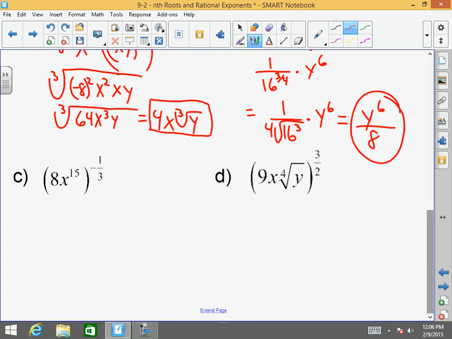8x to the 15th raised to the negative 1/3 power. Distribute this to everything here. It's just going to be 8 to the negative 1/3 times x to the 15th raised to the negative 1/3.